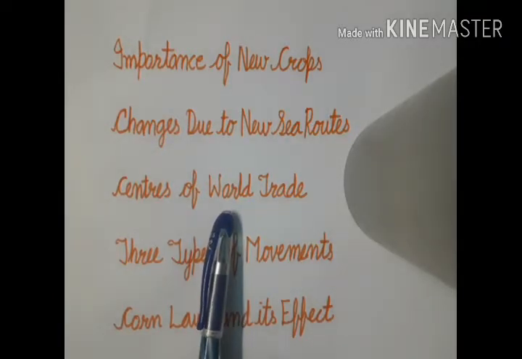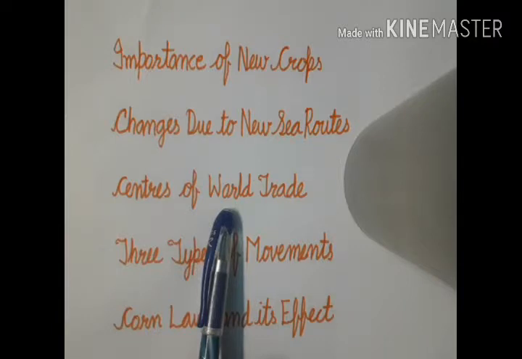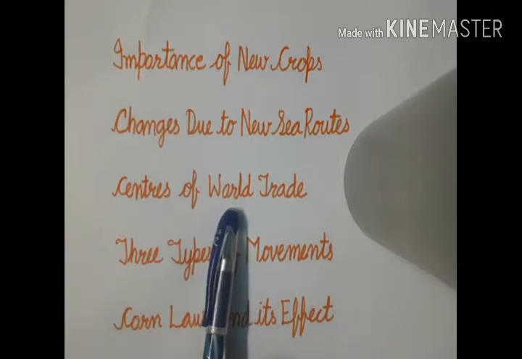China reduced its role, and the rising importance of the Americas gradually moved the center of world trade westward, and students, Europe now emerged as the center of world trade.